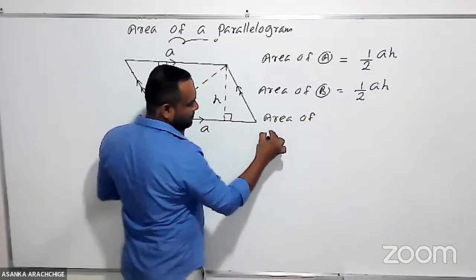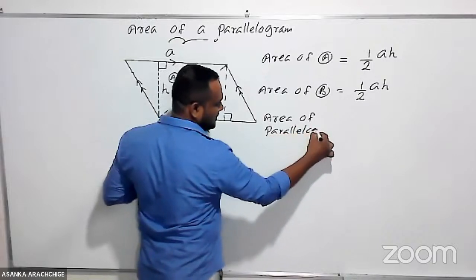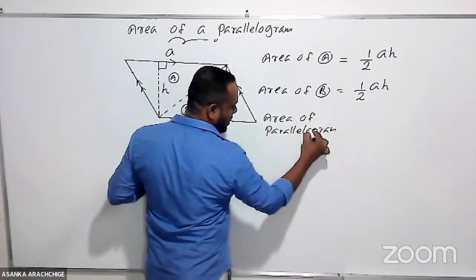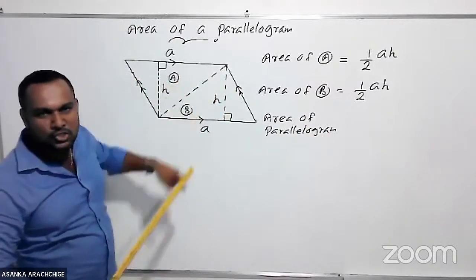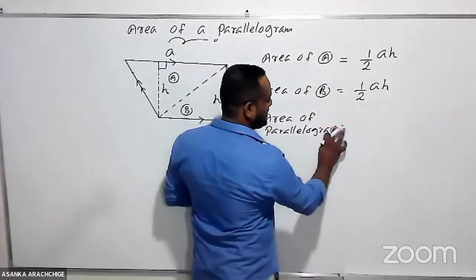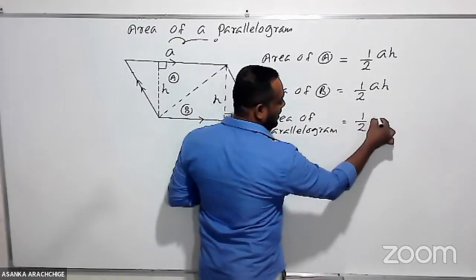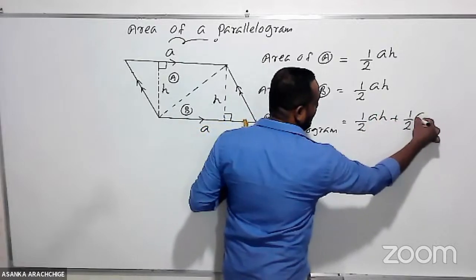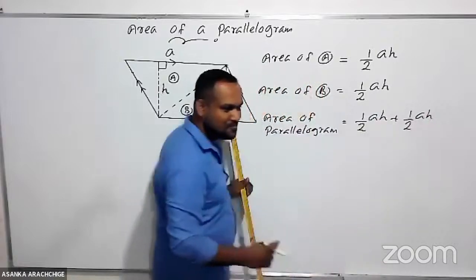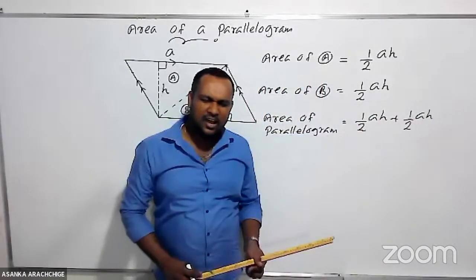Therefore, look, area of the parallelogram, how to get area of the parallelogram? By the sum of these two areas, no? A plus B. That is half AH plus again half AH. How much is it?